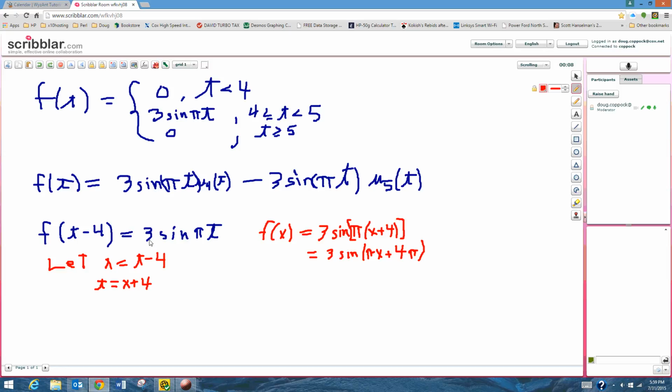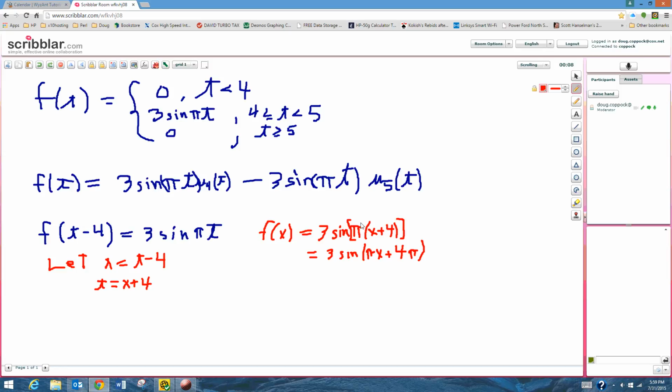So f of t minus 4, this is the technique I use. I know you use one slightly different. Equals this. So if I let x equal t minus 4, t equals x plus 4, so I rewrite this function in terms of x. So f of x equals 3 sine of pi. Replace this t with x plus 4.